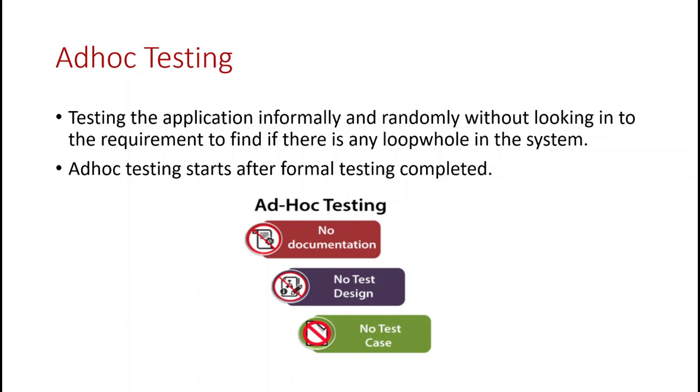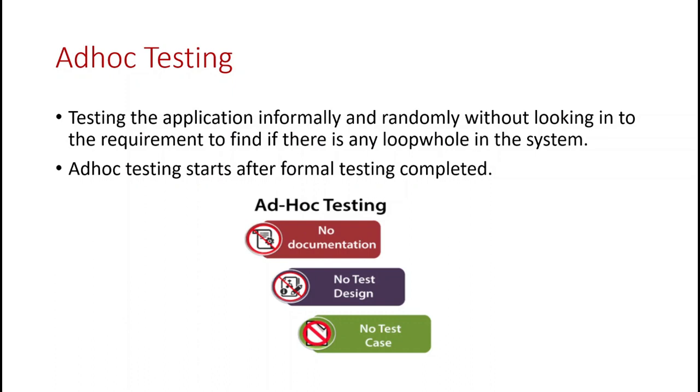At that time, there might be a chance of some code break or some functionality might break. So to avoid those things, we have to do Adhoc testing prior to delivering the product to the end user.